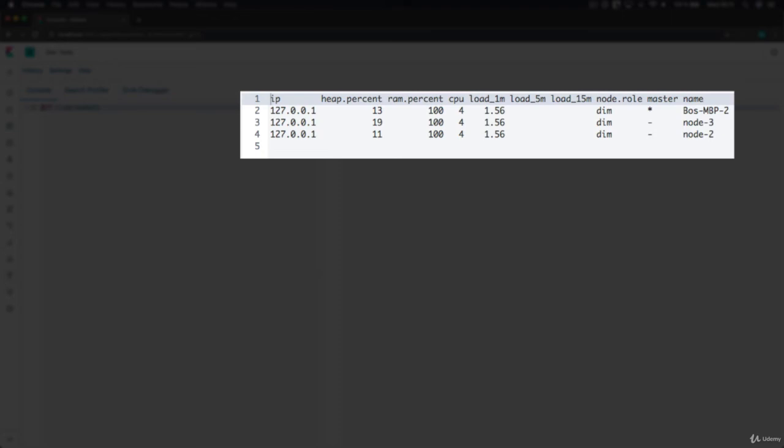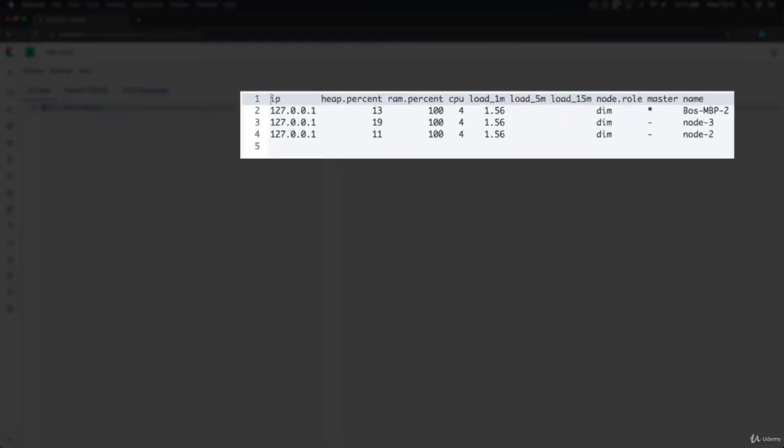The roles are abbreviated, so DIM is short for data, ingest, and master. As you can see, all of our nodes have these three roles, meaning that these are the default roles that are used unless configured otherwise. This also means that all of our three nodes are eligible to be elected as the master node.